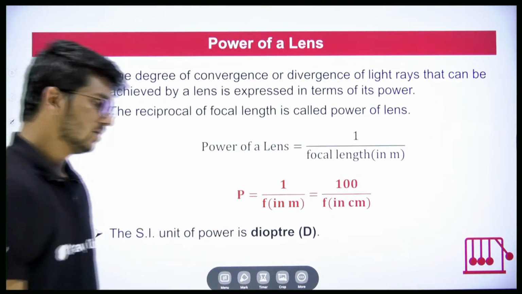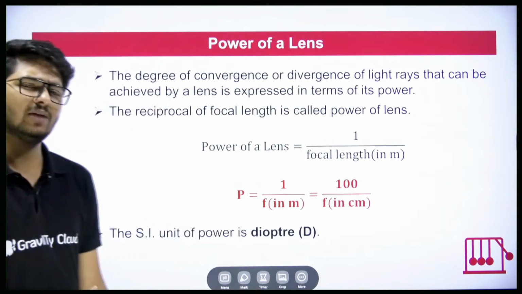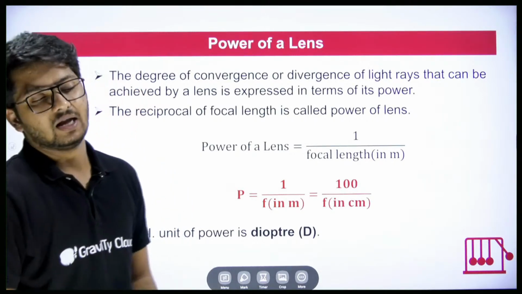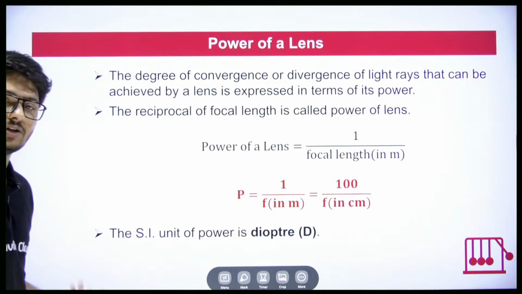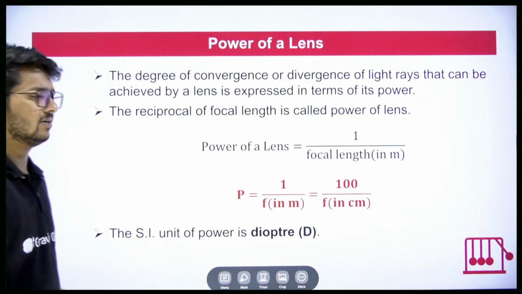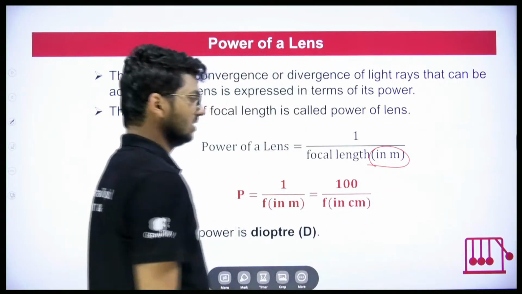Focal length. Now generally, focal length can have any units, and most of the questions that we come across will be in centimeter. So depending on the units of focal length, the formula slightly changes. Or else you can just remember one formula. Power is equal to 1 by focal length in meters.